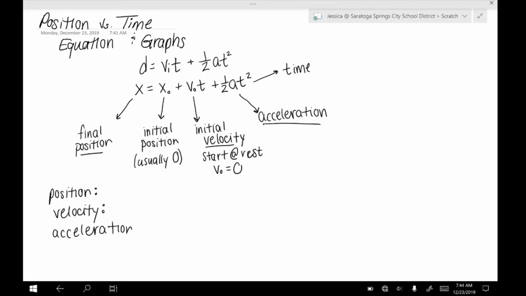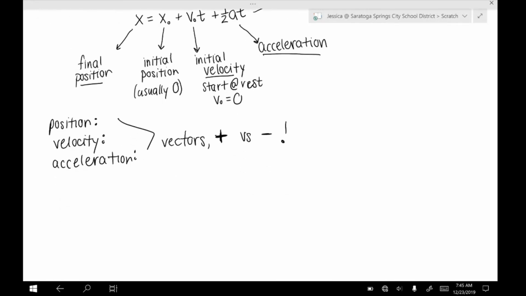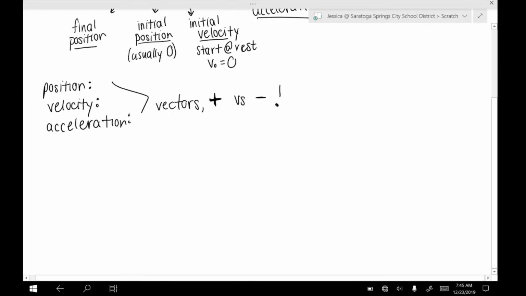These are all vectors, again, which means direction matters, so you got to watch out for positive versus negative. Very, very important. So just a few things to remember with position or displacement, because they're essentially the same thing.